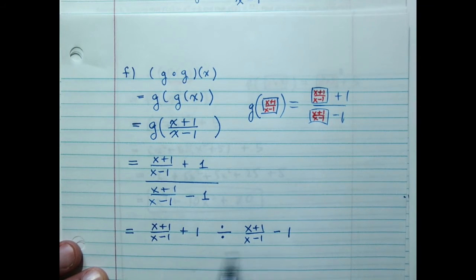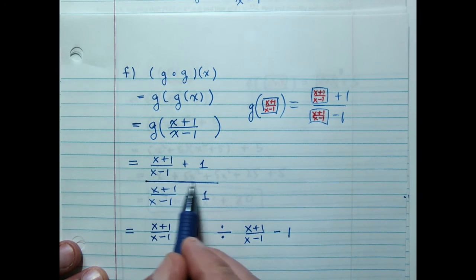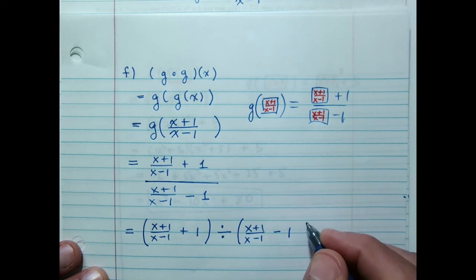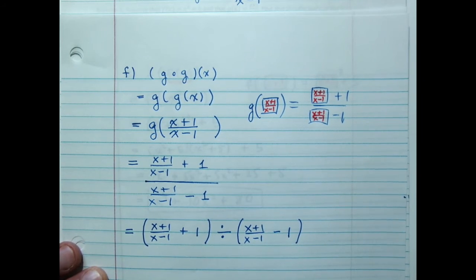Now, I can't leave it written this way because it's understood when you have a complex fraction that everything in the numerator is grouped and everything in the denominator is grouped together. I need those parentheses. And I first need to combine in the first parentheses and the second parentheses before I can do the division. The division has to wait. So luckily I have just plus 1.